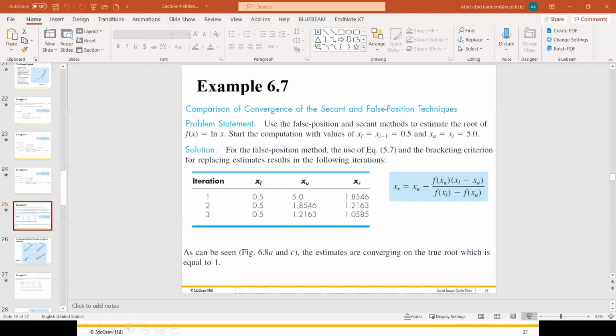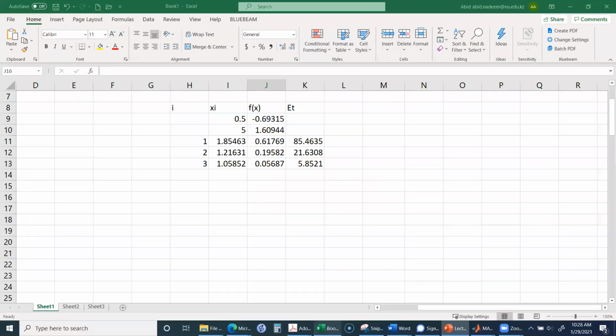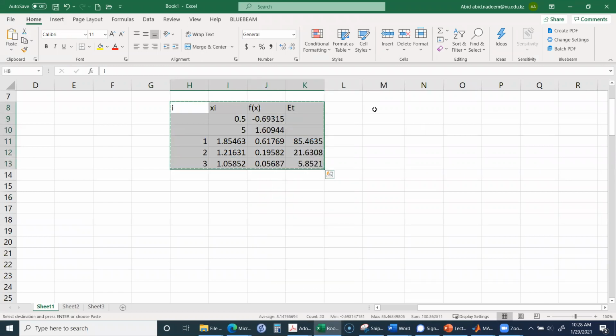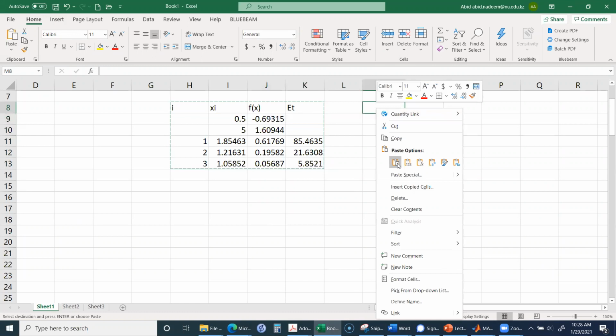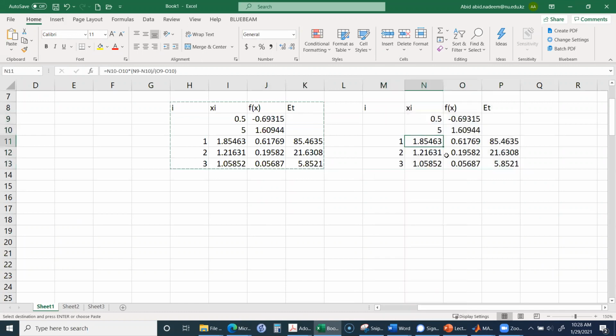In the secant method, everything is the same, except that we are not bracketing. So for example, over here, the first iteration results will be the same, because these are the only choices.